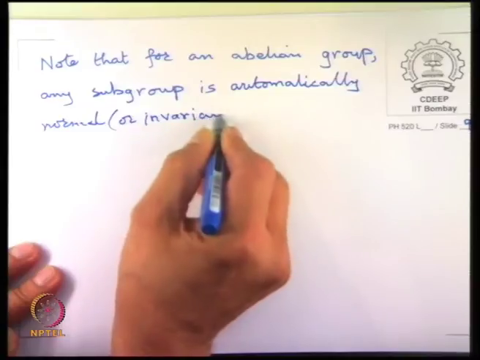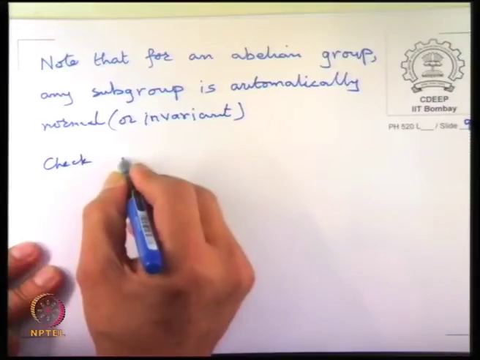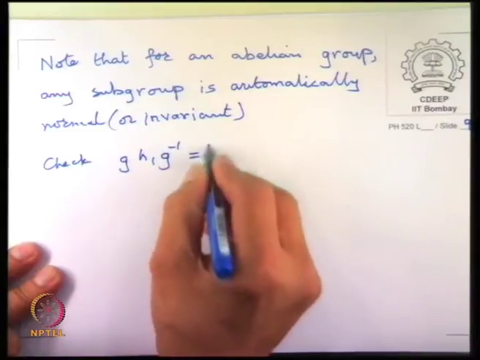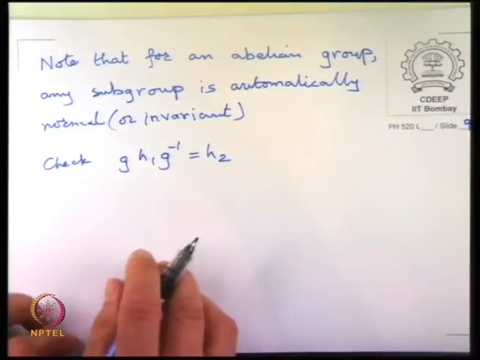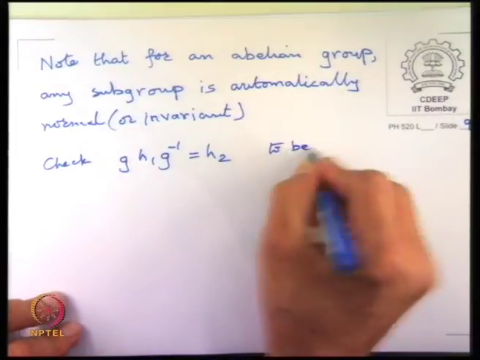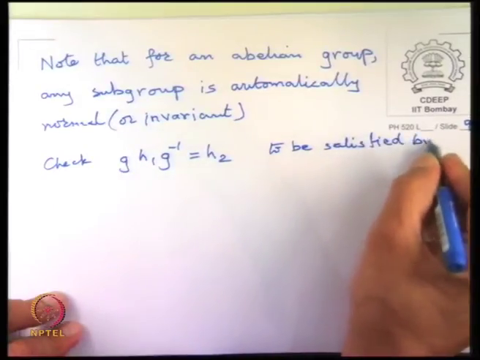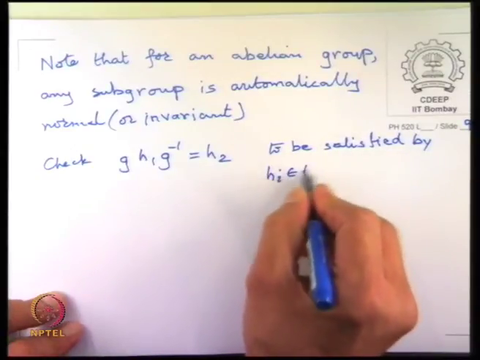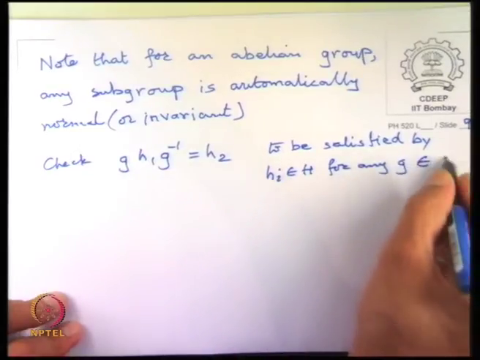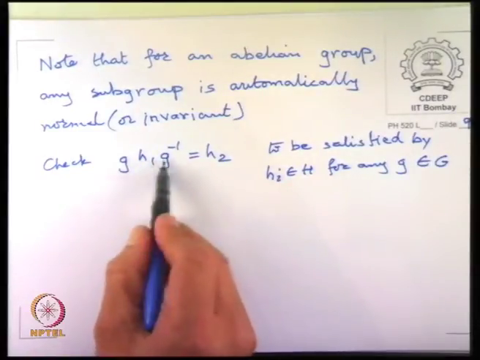Why? Because we need to check the condition that G H1 G inverse has to be equal to H2. This is the condition to be satisfied by H1 belonging to H, for any G. But this is always true because H1 and G inverse commute.